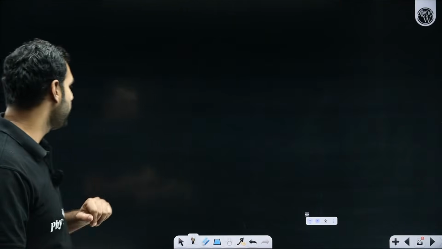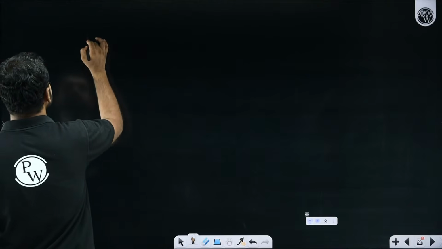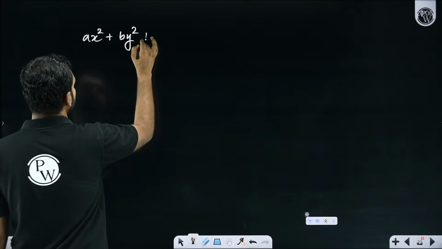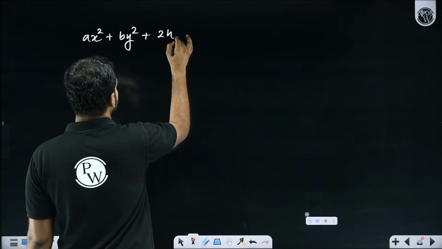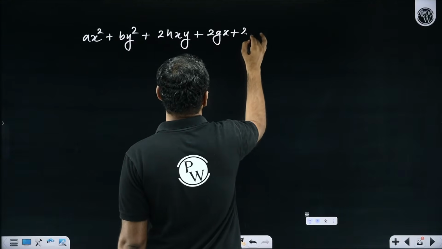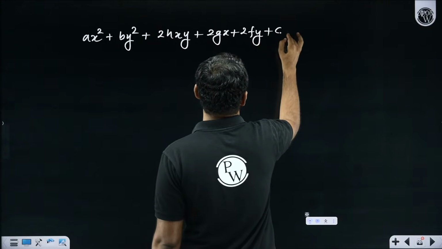So there, one more result I want to talk about here is, let's say there is a second degree equation in two variables, ax square plus by square plus 2hxy plus 2gx plus 2fy plus c is equal to 0.